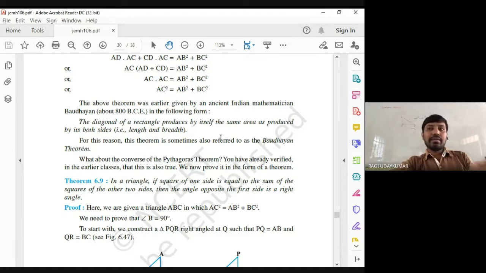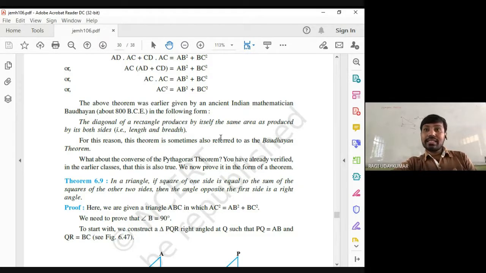So what is the area of a rectangle? Here, produces the same area means the diagonal of a rectangle produces by itself the same area as produced by its both sides.